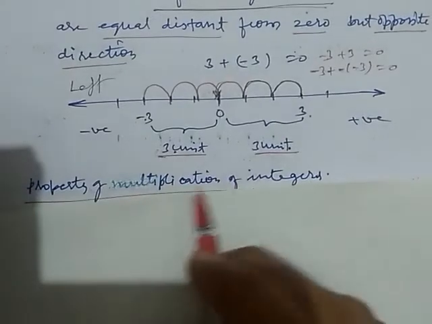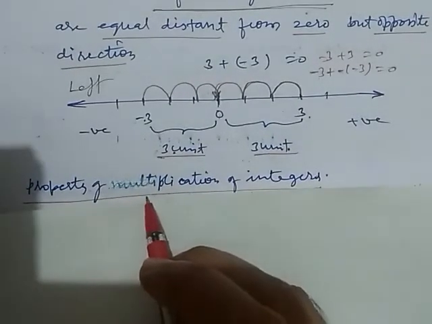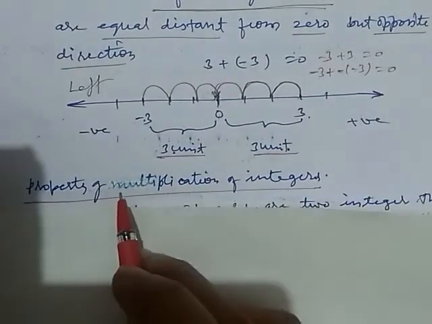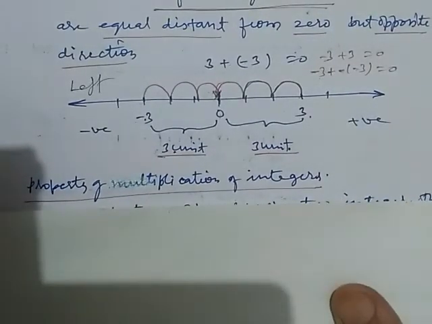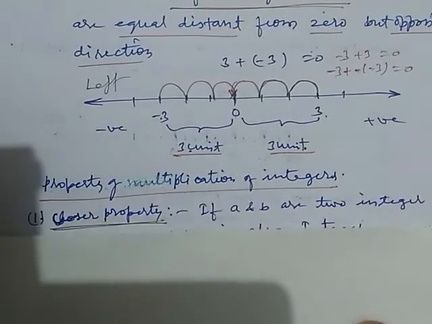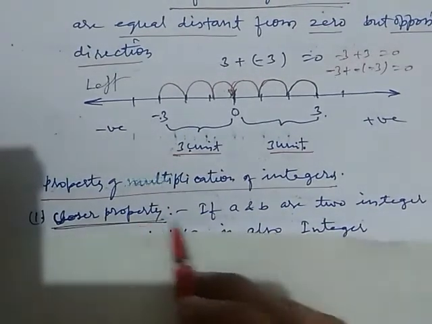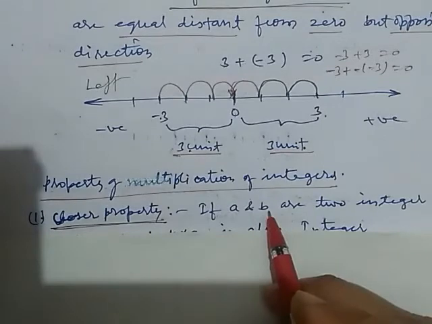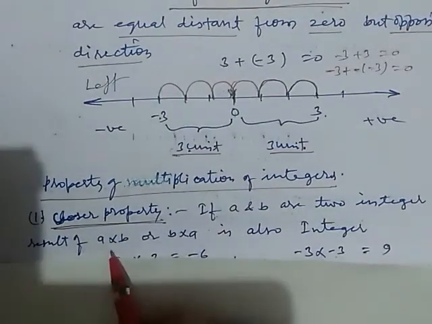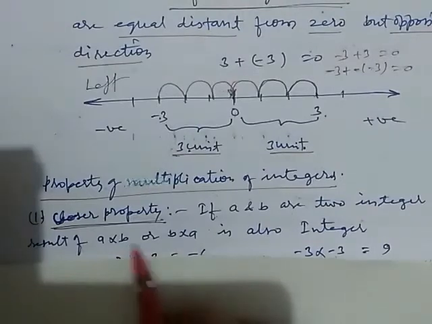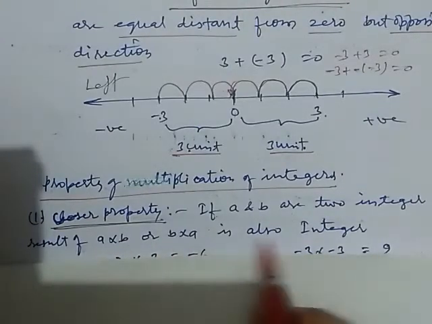Now we learn the properties of multiplication of integers, how we multiply the integers. Closure property. If a and b are two integers, then the result of a into b or b into a is also an integer.